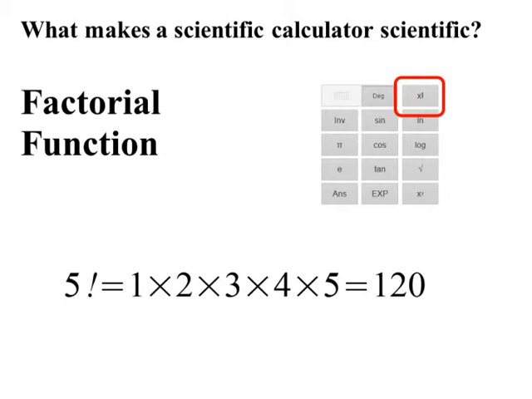This is how it works. For a given number, say 5, you multiply all the numbers from 1 to that number together. 1 times 2 times 3 times 4 times 5. So that will give you 120.